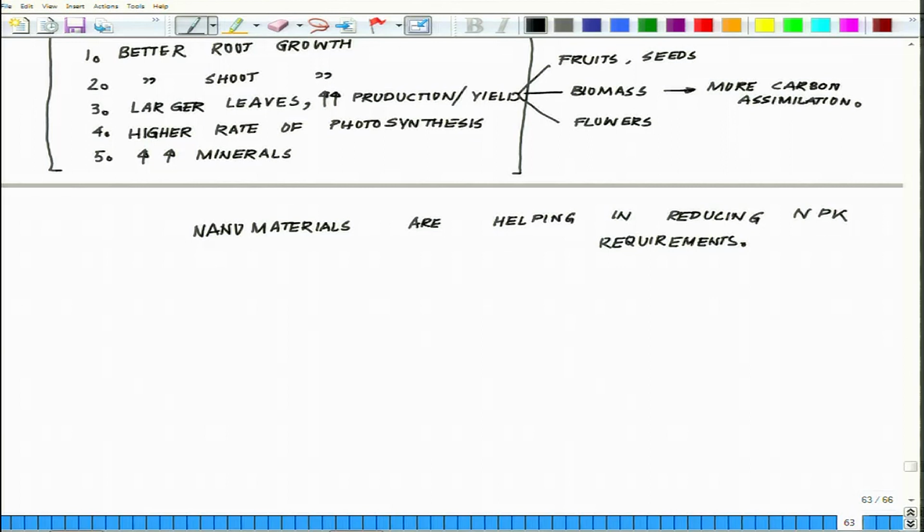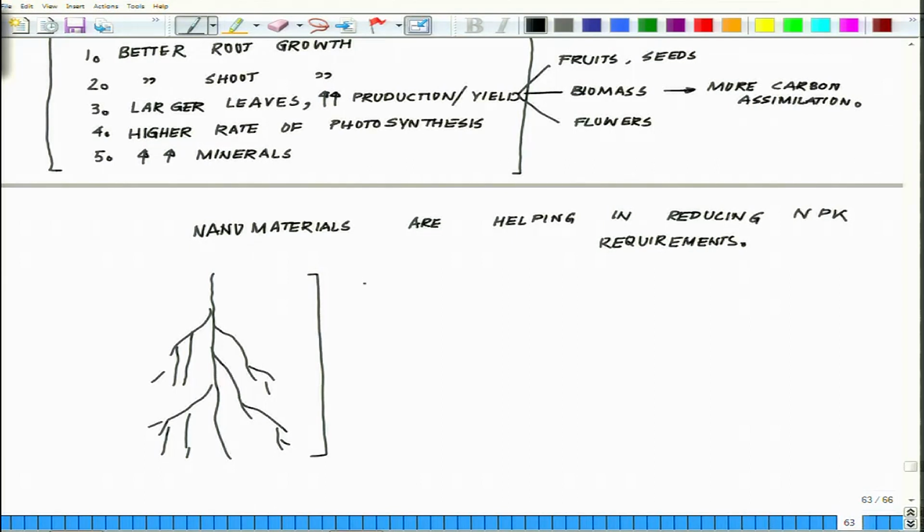Now, if we rationally try to figure out what is happening, if we say that this leads to a better root growth, something like this, okay. So, for example, this is the representative root I am drawing. What we are observing is the higher root here.